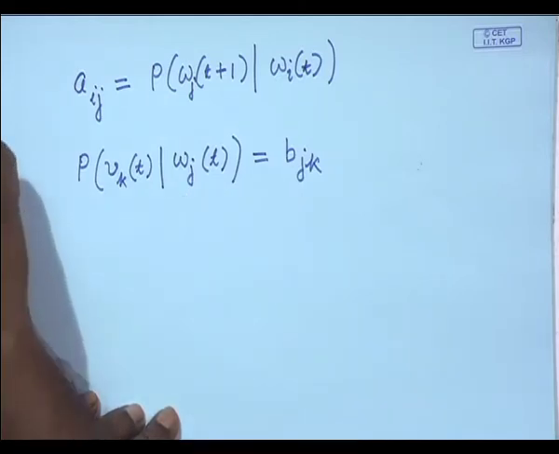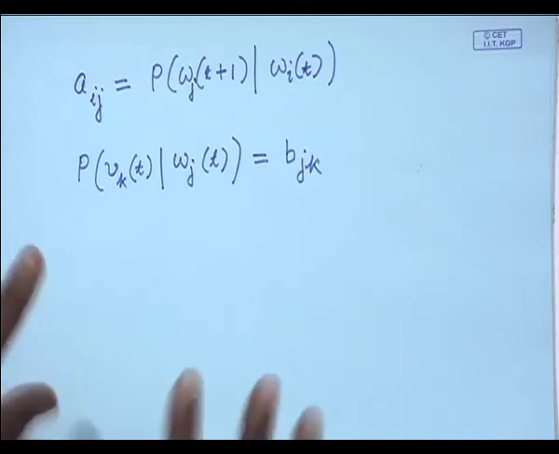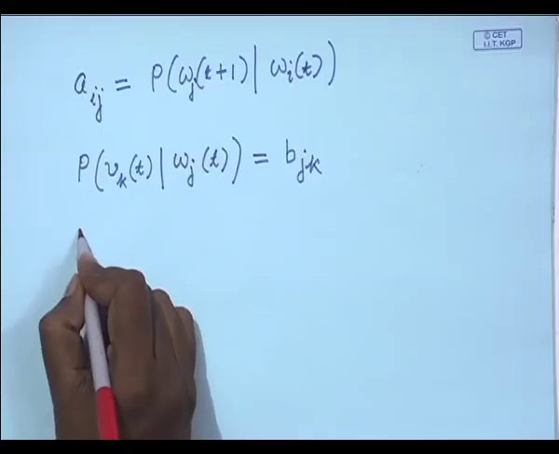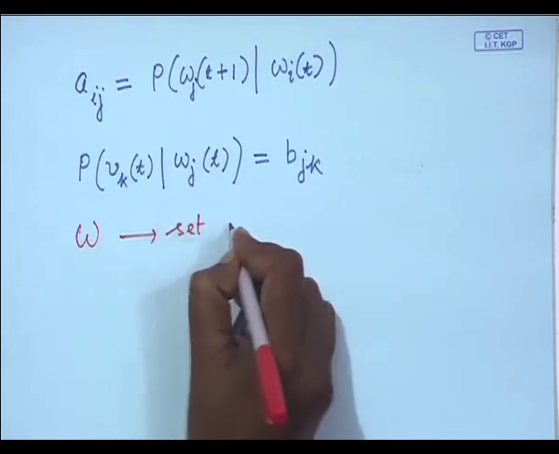So, whenever I specify a hidden Markov model, I have to have several things. I have to have omega, which is nothing but the set of hidden states.